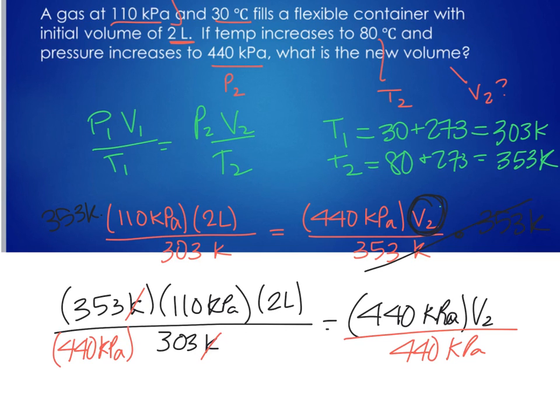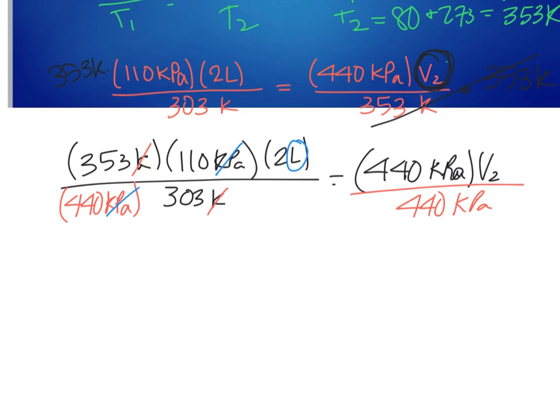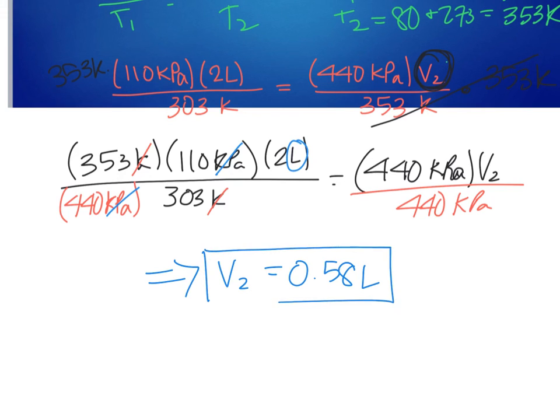Again, you can see that the kPa's are going to cancel. My only unit left is liters. And when I do the actual math, what I end up with is an answer of V2 being 0.58 liters. And this here is my final answer.